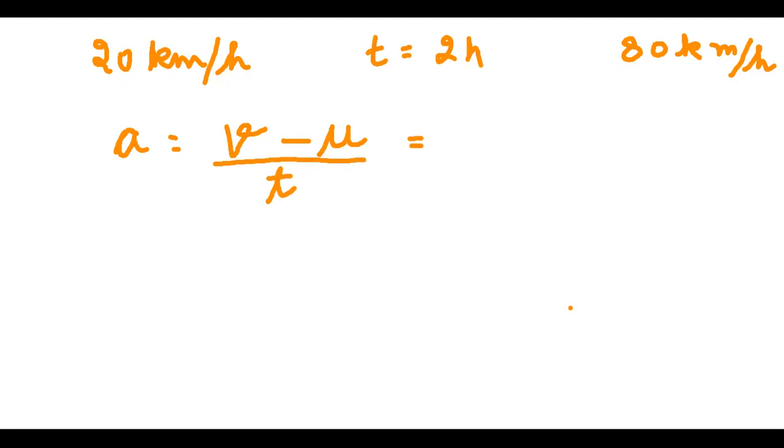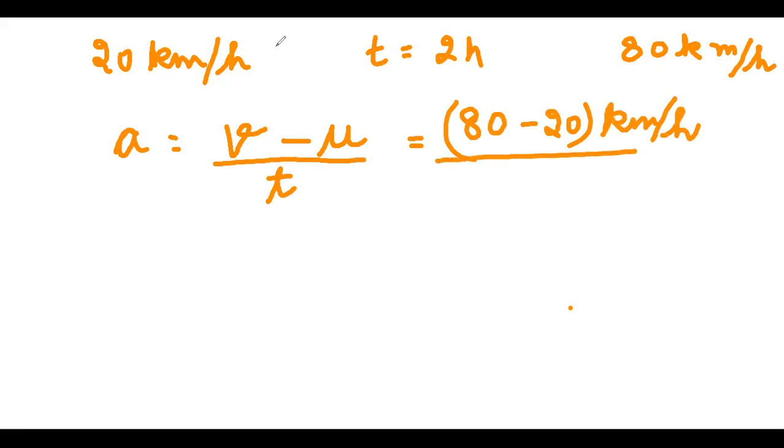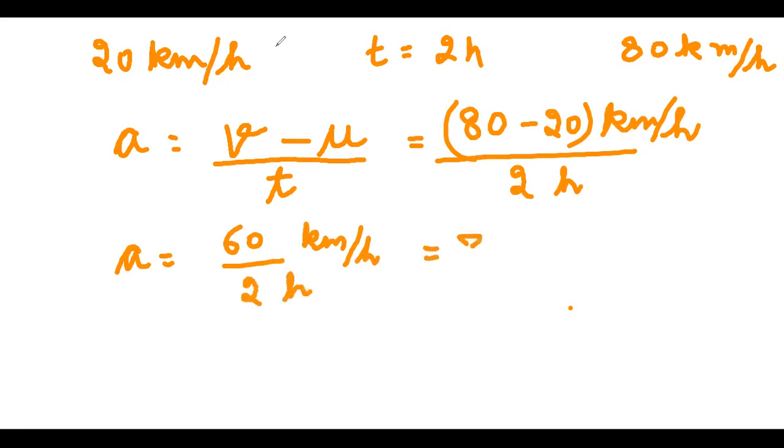In this case, v is 80 km per hour and u is 20 km per hour. So this becomes 80 minus 20 km per hour divided by time, which is 2 hours. So what is acceleration? 80 minus 20, that is 60 km per hour divided by 2 hours. We can write it as 30 km per hour square.